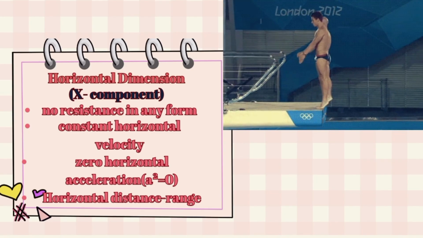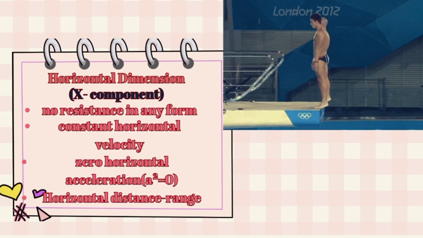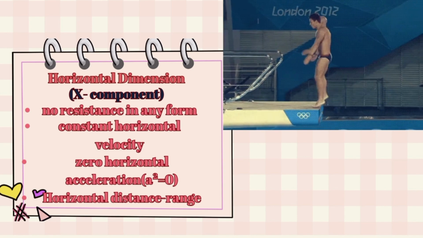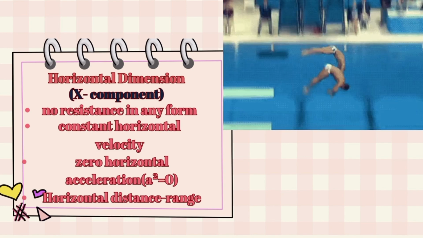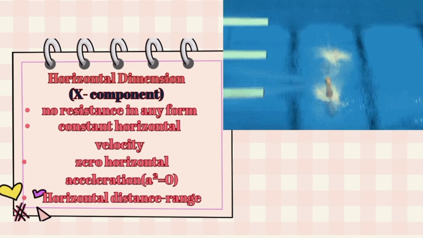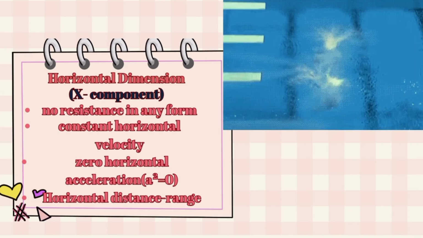In the absence of air resistance, the horizontal velocity of the diver will remain constant until he or she reaches the surface of the water. This means that the distance traveled by the diver in the horizontal direction will be equal to the product of the initial horizontal velocity and the time.